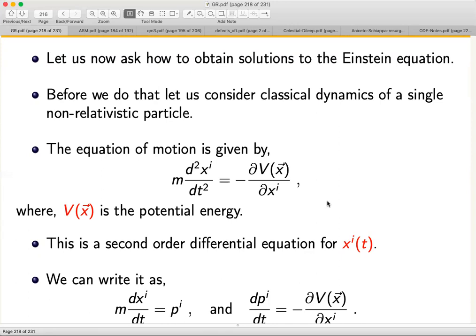Okay, so let's go back to classical dynamics of a single non-relativistic particle, and this is Newton's law that the acceleration of the particle is proportional to force. Okay, and force is of course the gradient of the potential if you have a system like this.